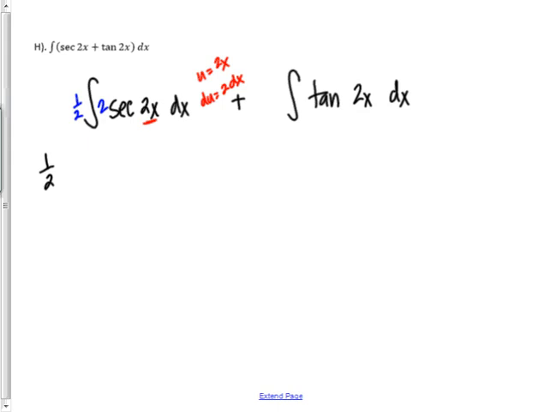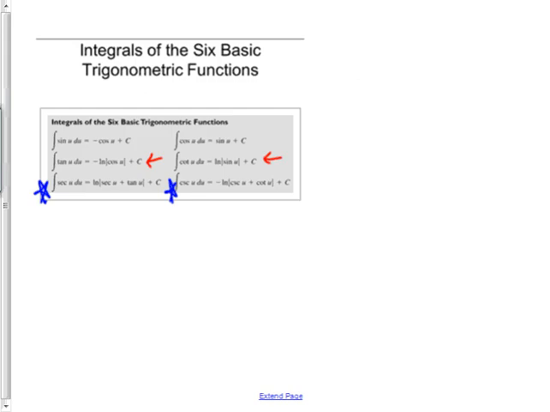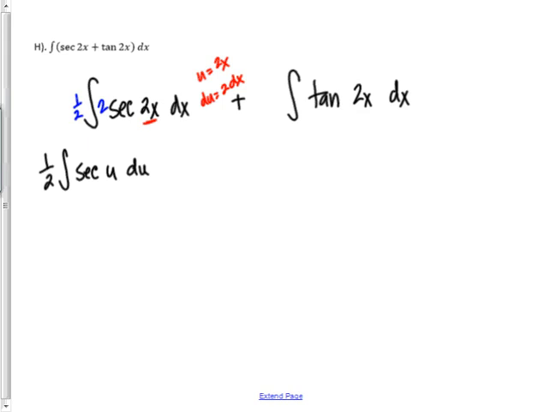So this is 1/2 times the integral of secant u du. All right, so you're going to have it memorized that the integral of secant u du is the natural log of the absolute value of secant u plus tangent u. Okay, so this is 1/2 times the natural log of the absolute value of secant u plus tangent u.